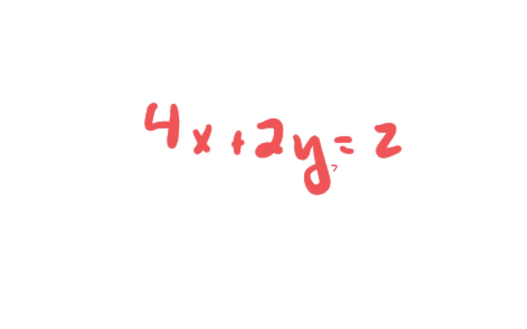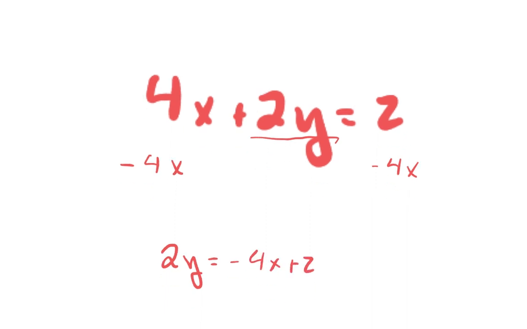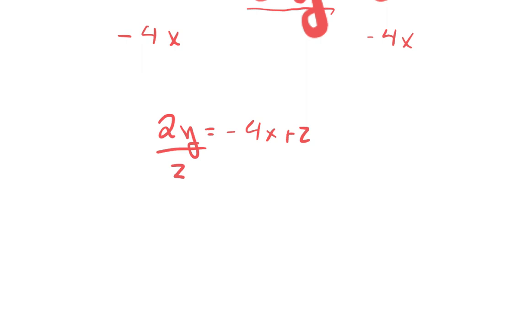I'm going to go ahead and try to isolate this y. Subtract 4x, which will give us 2y equal to negative 4x plus 2. And then dividing everything by 2, we are going to end up with y is equal to negative 2x plus 1. That means that our y-intercept is going to happen here at 1.